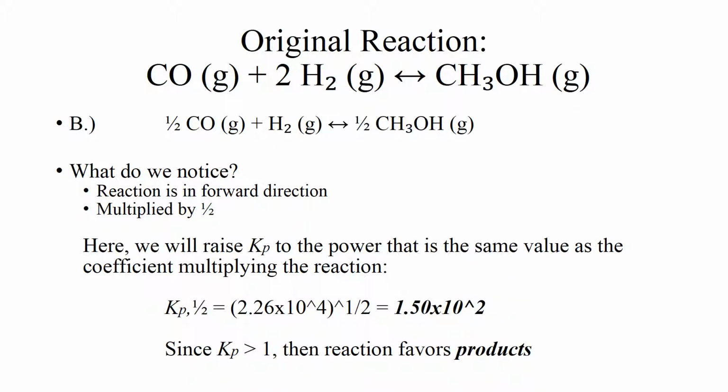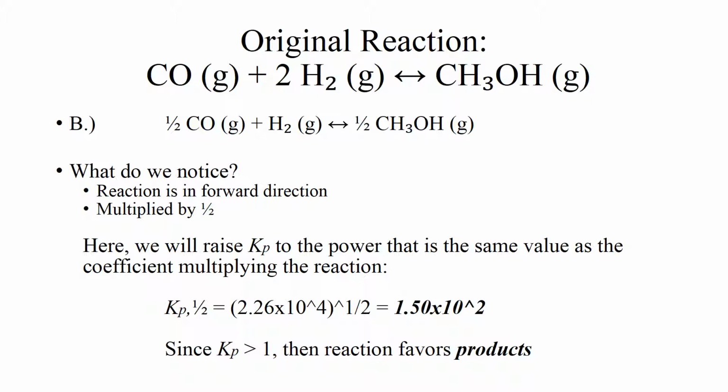In Part B, we are given 1/2 CO plus H2 at equilibrium with 1/2 CH3OH. This is the same as multiplying the entire reaction by 1/2, as you can notice that the 2 in front of H2 in the original reaction has been cancelled out. What we notice here is that the reaction is in a forward direction and has been multiplied by 1/2.